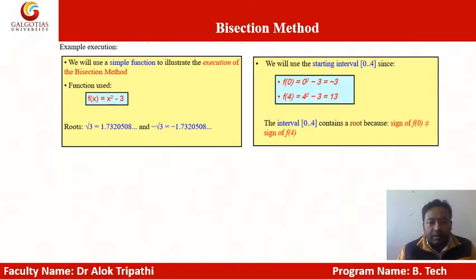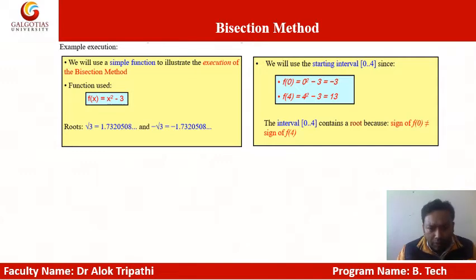Now we are giving one example here. Suppose we are given the equation, or you can say function, f of x equals x square minus 3. We already know that the roots of this function are root 3 and minus root 3.